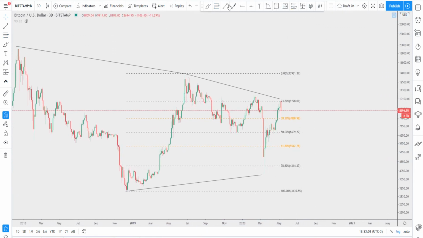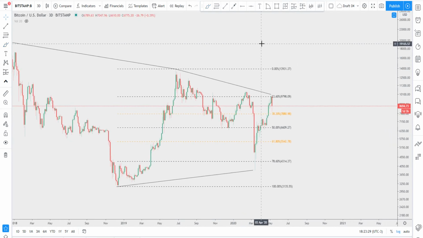Here we had, as you guys can see, an inverted head and shoulders that we also longed back in the day. I called it for 6765, and we made the targets, and also a strong correlation with the 50% range. That's the price average for the whole structure.